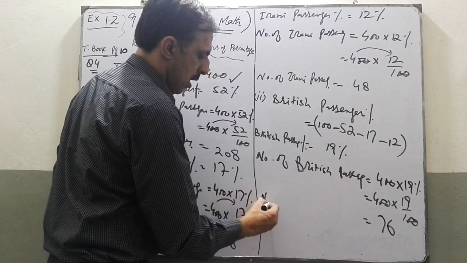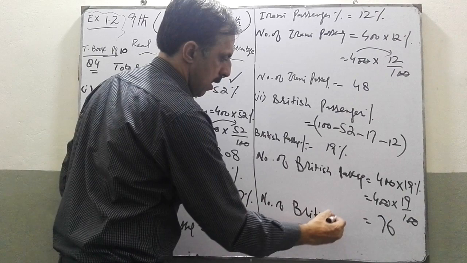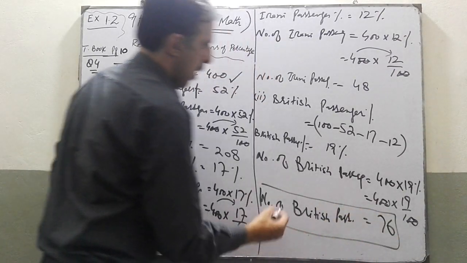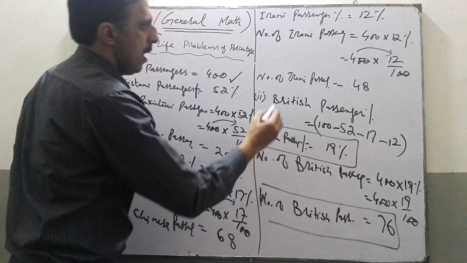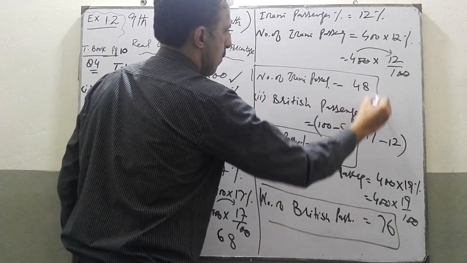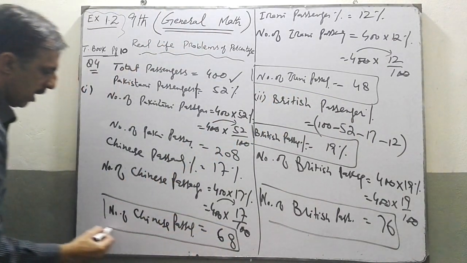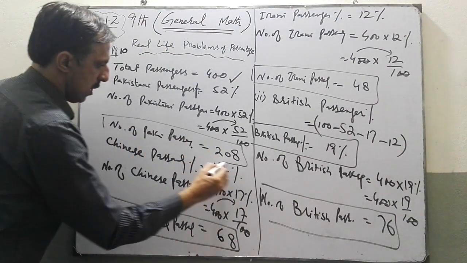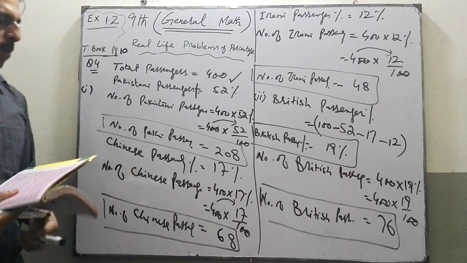That is your number of British passengers. That is your answer. This is your percentage of British, and this is your number of Irani persons. This is your number of Chinese persons, and this is your number of Pakistani passengers. This is your question number 4, complete.